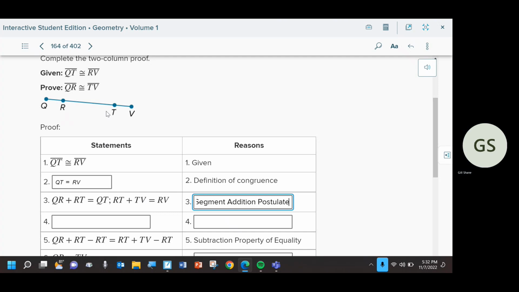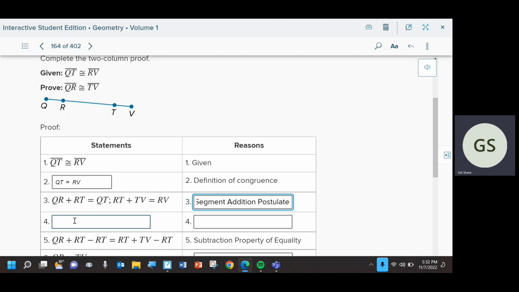All right. Now we need to try to figure out, all right, how do we get this particular statement and reason? Because we don't have either of them. What I said in class, a good strategy, and you might have no idea how to go from this right here to this down here. There's a lot of different directions you might be able to go.